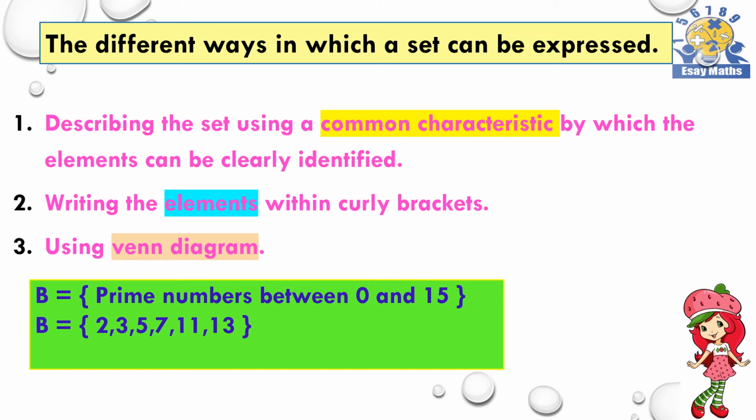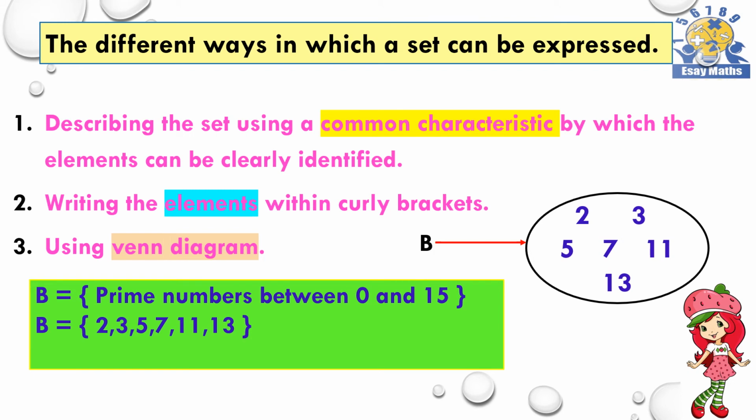When we are writing the list of elements, we are not repeating the same element. It means you can write one element only once. Now I am representing the set using the Venn diagram. I'm drawing a circle and writing the elements within that: 2, 3, 5, 7, 11 and 13. I'm naming it as B.